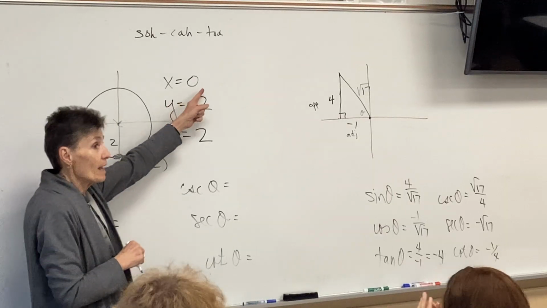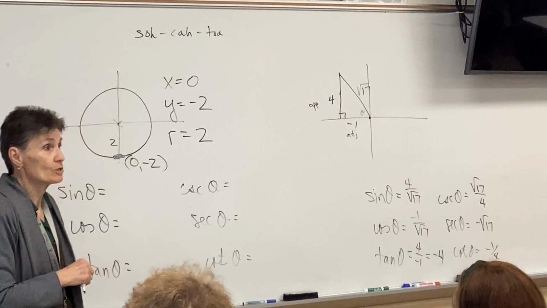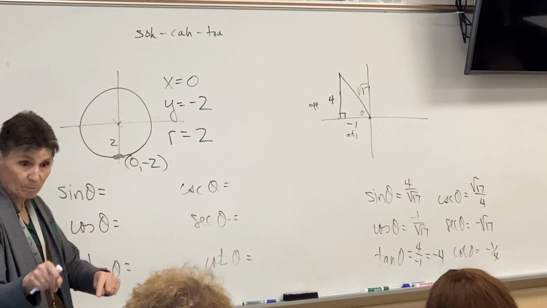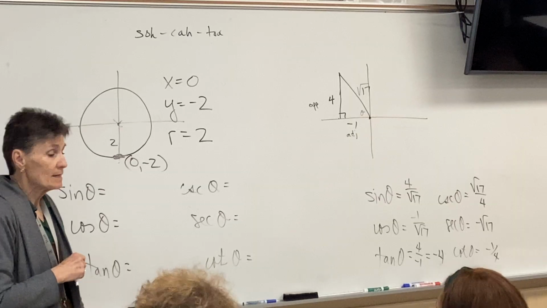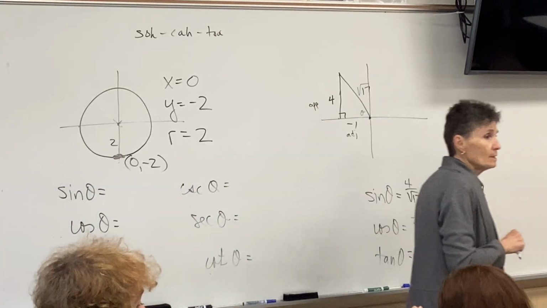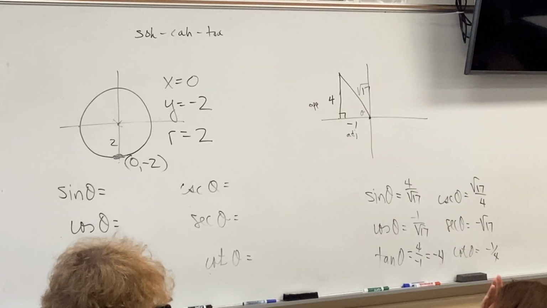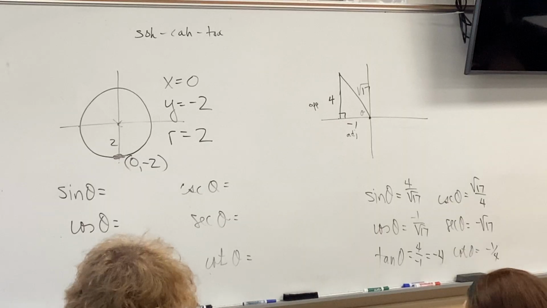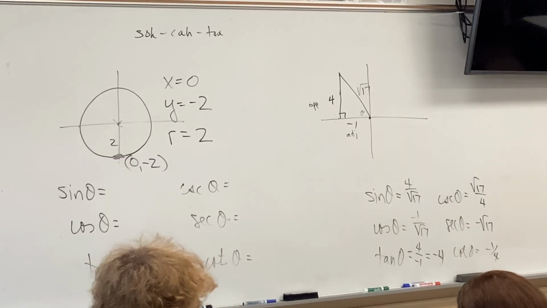All right, so x is 0, y is -2, and r is 2. The radius is always positive, just like the hypotenuse. Now, who's got a green sheet out? Did you notice anything when it said sine theta equals, it said opposite over hypotenuse, but did it say something else?